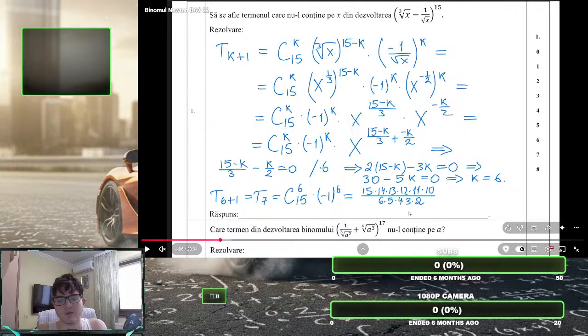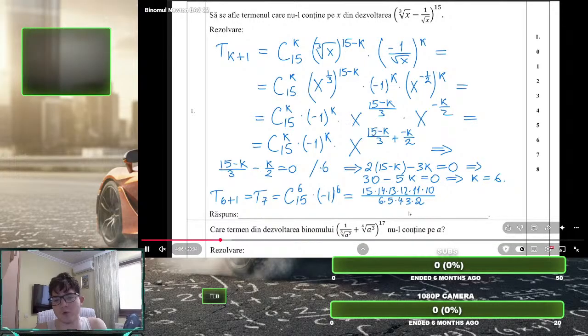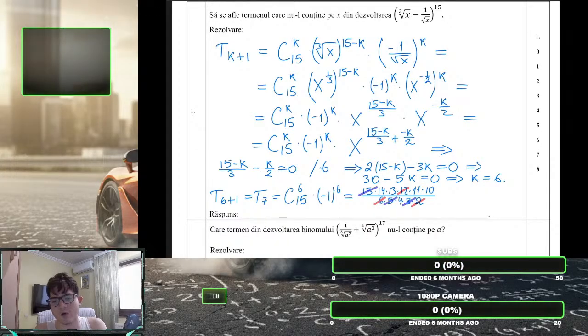So now we're just simplifying stuff and times the minus 1 to the power 6. How much is that? That's just 1, so just don't write it down. We just have to calculate this. Okay, so 6 simplified with what? 12. 6 and 2 we can simplify with 12. And 5 with 3 and 15. And 4 with what? With 10.